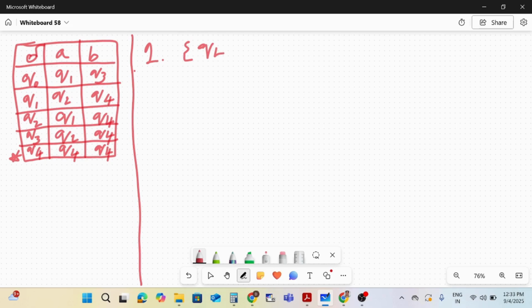If you have only one final state, make it one class. Similarly, the non-final states, Q0, Q1, Q2 and Q3, form another class. This is class 1 and this is class 2. In the initial partition, we have the final state in one class and the non-final states in the other class. Since the final state is only one, we cannot partition it further.